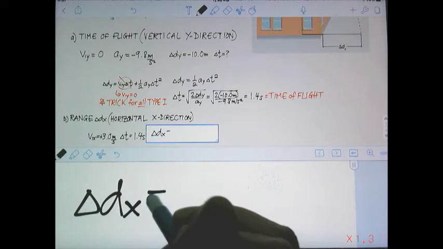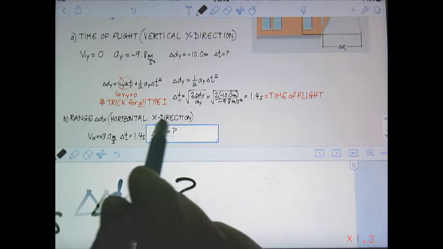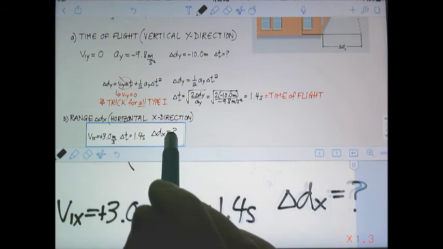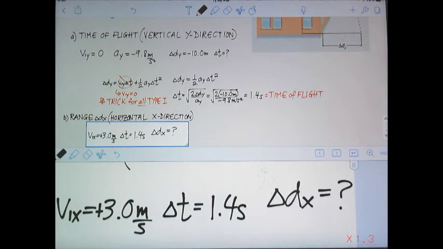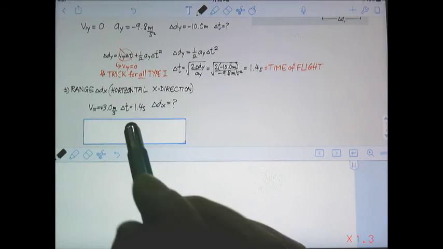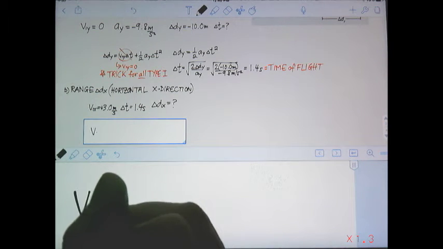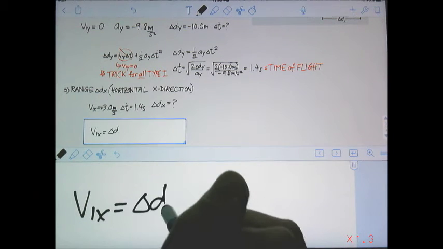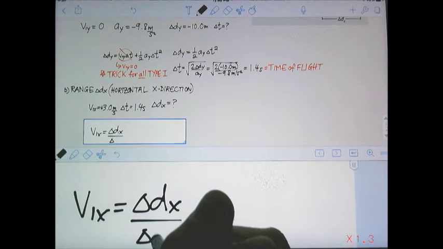So we need an equation that incorporates all three of these variables. The equation that we're going to use is the equation for velocity. And this equation states velocity is equal to displacement over time.